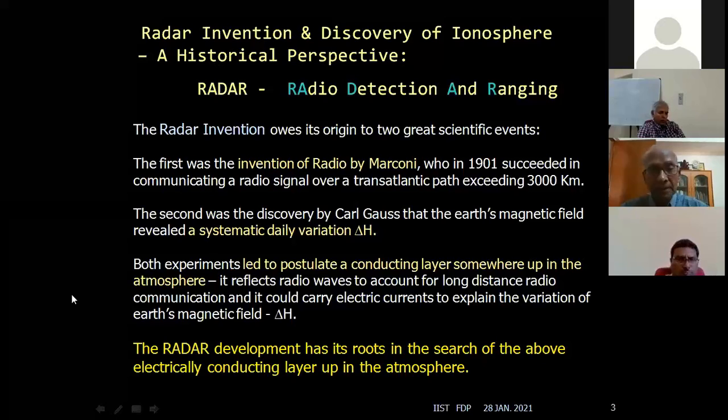Another one is totally unrelated to the first one, radio science, and that is the observation of the fluctuation in the horizontal component of the Earth's magnetic field, delta H, detected over the equator. So these are two unrelated events.